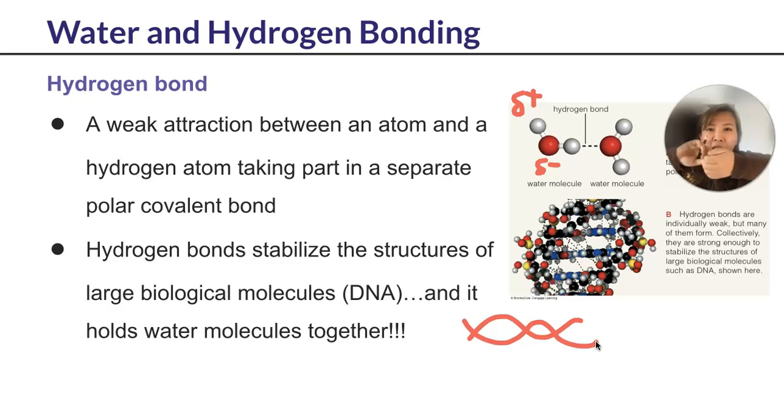But because of the electronegativity in DNA between hydrogen and other atoms, this hydrogen is partially positive, and there's another atom over here that's partially negative, right? Similar to water, so they will come together and be near each other.